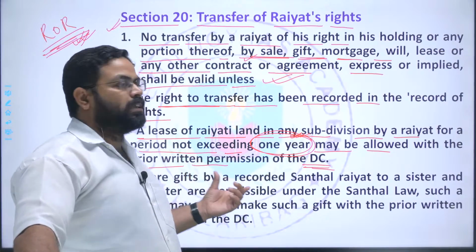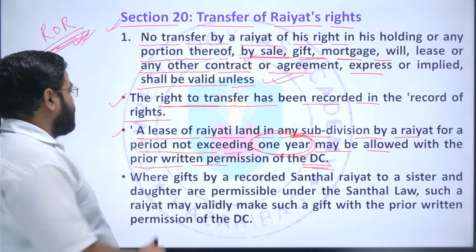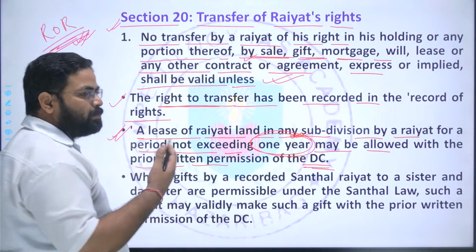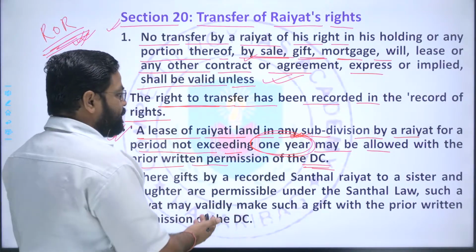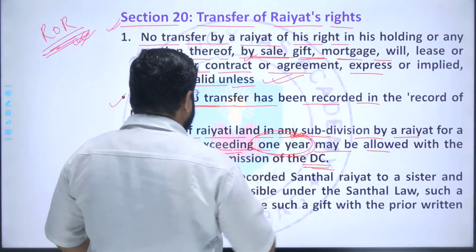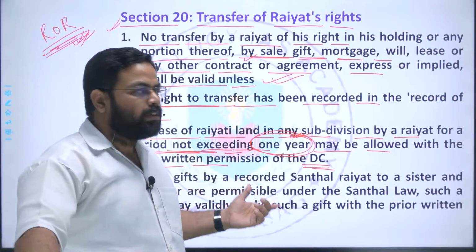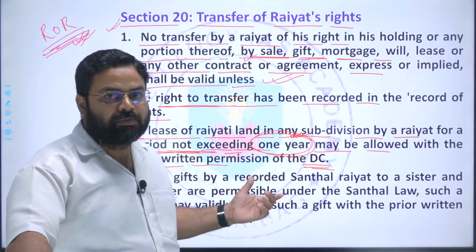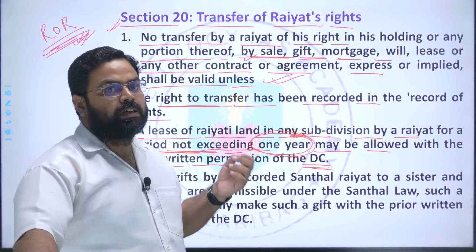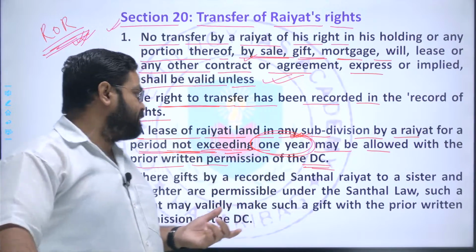To restrict such alienation, it was mentioned in the SPT Act itself that they cannot give any land, even for a period not exceeding 1 year, to anybody on lease without the prior permission of the DC, so that the alienation of the land of tribal people can be restricted.